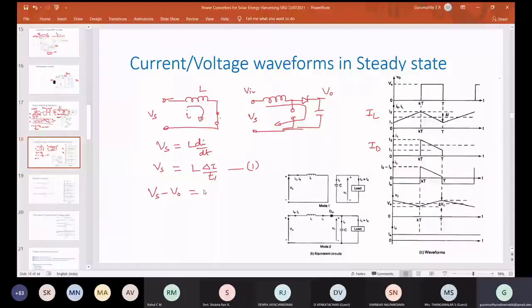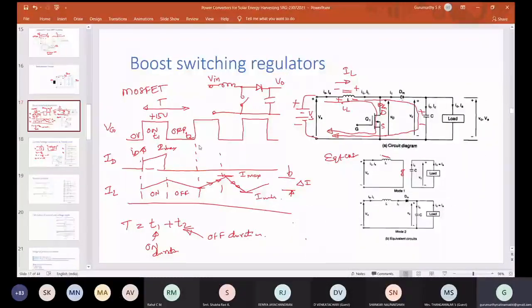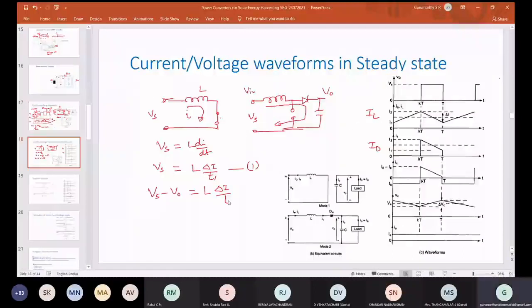This is the first equation, this is the second equation. Current is dropping down. These are the two equations, when the device is on and when the device is off.